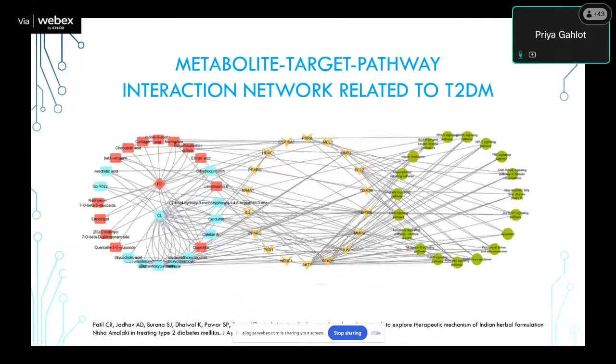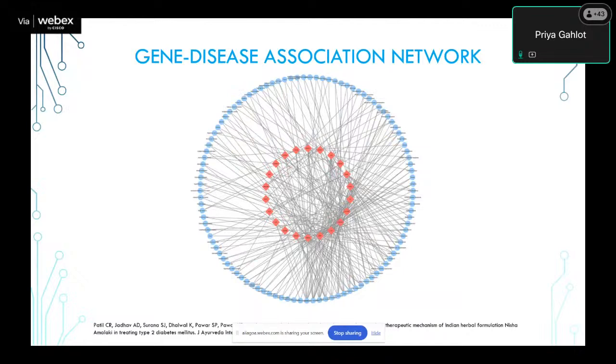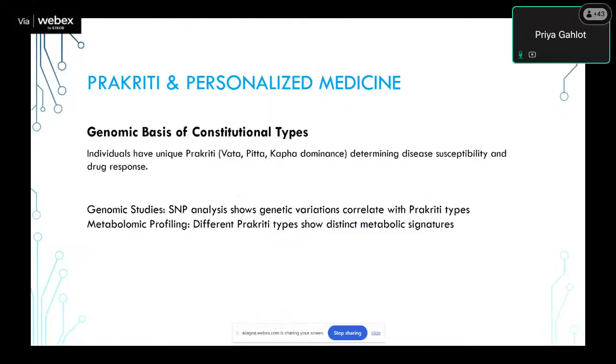There are two plants. This blue and red part are different bioactives, and how these bioactives are linked to different molecular targets, and how these genes are associated with the particular disease. This association and network is shown using Cytoscape through network pharmacology studies.